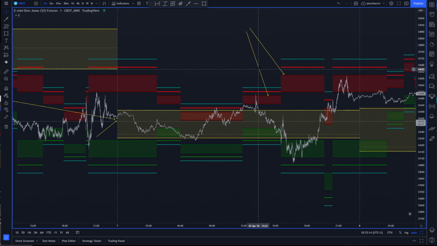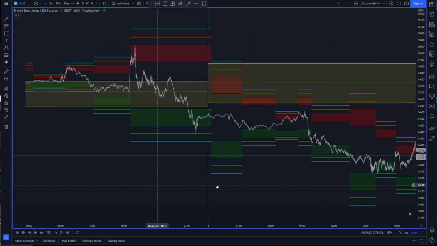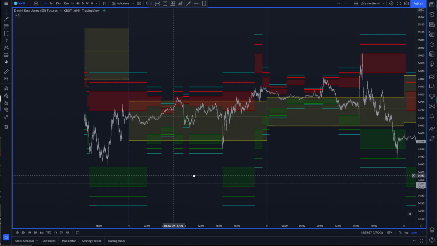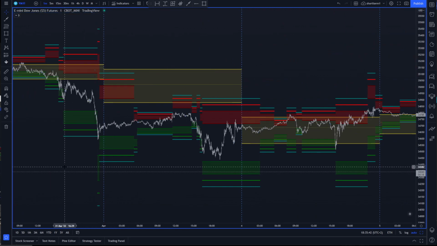But still, these are high quality, in my opinion. These are really good high quality setups. And again, this is simple volume profile analysis, but with this twist of pointing the entry level exactly with your stops and your targets.